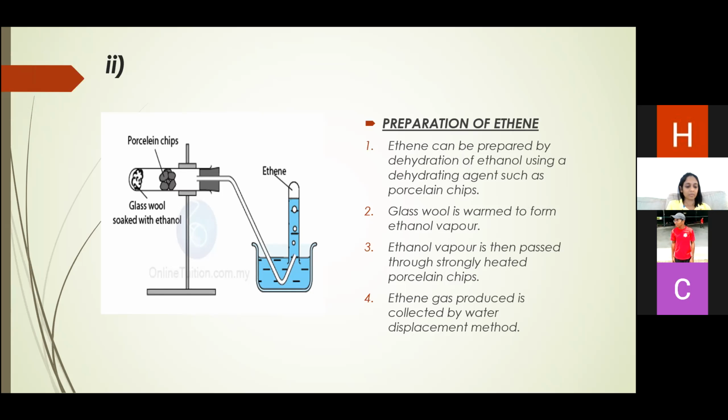Ethene can be prepared by dehydration of ethanol using a dehydrating agent such as porcelain chip, and glass wool is warmed to form ethanol vapor. Ethanol vapor is then passed through strongly heated porcelain chip, and ethene gas produced is collected by water displacement method.